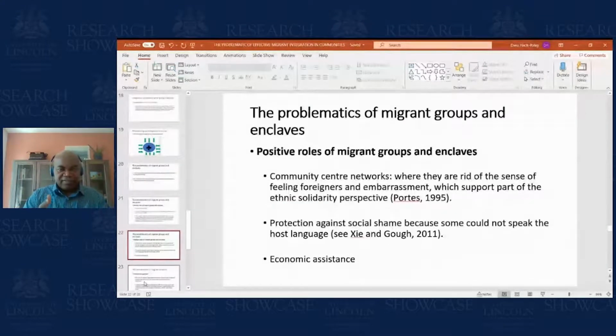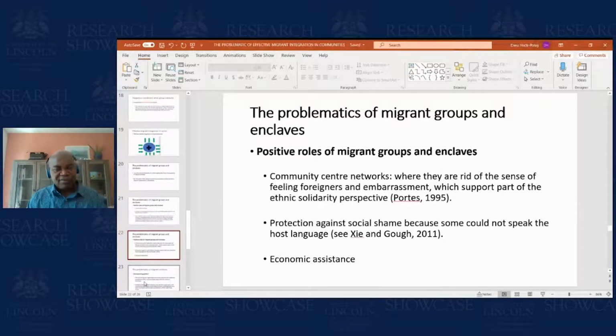There's also the community centers network that people have. Reporters in the 1990s found that it's really, really important for migrants to have that sense of being in a place of familiarity, as opposed to a really distant and unknown place.